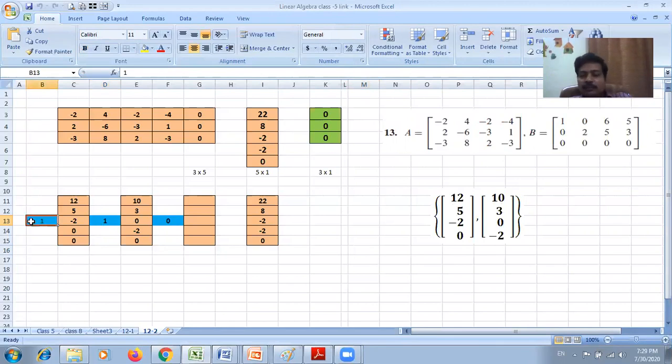Similarly, take any combination, say 6 and minus 13. This is a new vector. If this is multiplied with this one, I am getting zeros. So these two vectors form a basis for the null space of the given matrix A. If I change any other vector, I am getting a nonzero result. It is not a zero vector.